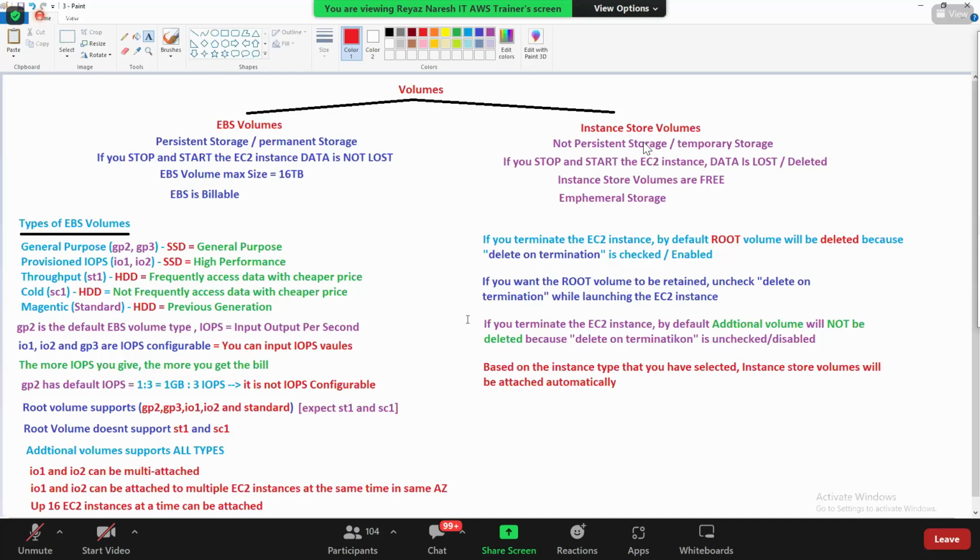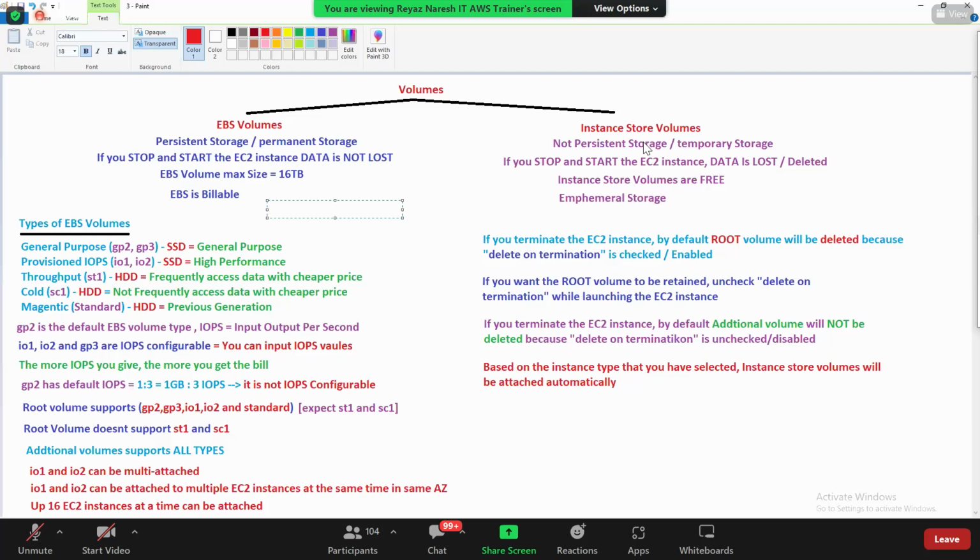Okay, now let me go a little bit deeper here. Guys, one question. If I reboot the instance with EBS volume, is data lost? EBS volume data is not lost.